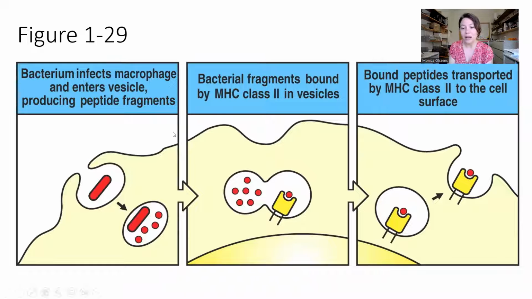So just when you think cell biology was a bunch of memorization, sometimes you find out that it was memorization for a reason. Okay, so now the MHC class 2 is on the surface and it's got a little piece of a bacteria in it. And now this macrophage has to traffic to a lymph node and find a T cell that matches this little red protein. Remember, this is only 13 to 25 amino acids, which is tiny, tiny, tiny.